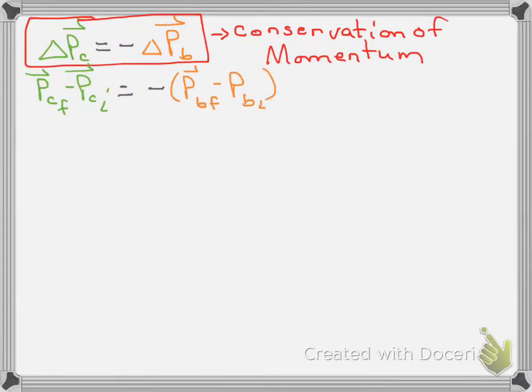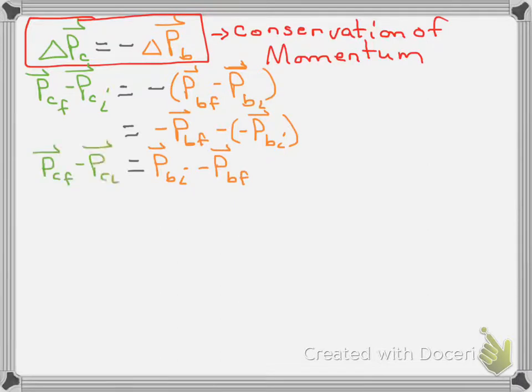And negative the change in momentum of the ball is its final value minus its initial value. I'm going to distribute that negative sign in there for the ball. And now what I want to do is I want to get all the initial values on one side of the equal sign and all the final values on the other side.